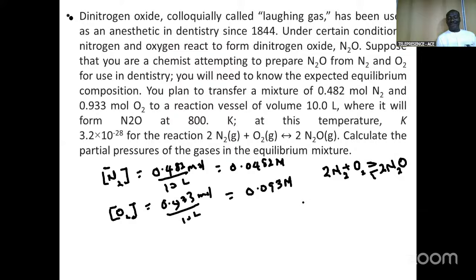For any reaction, Kc is equal to Kp (RT) to the power of minus delta n. In this case, we have 2 moles of product and 3 moles of reactant, so minus into bracket 2 minus 3, and that will be plus 1.